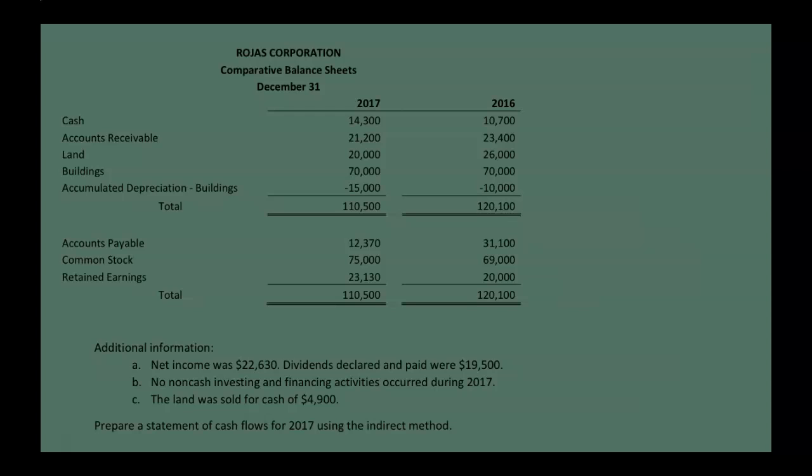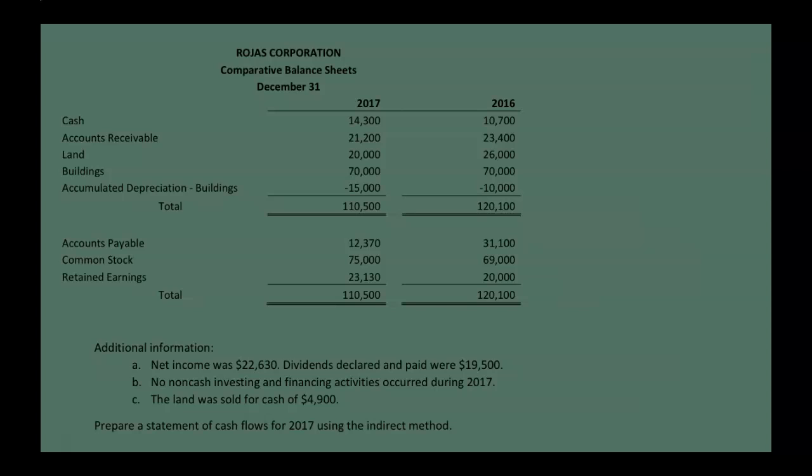Before we actually start on the statement itself, though, it's going to be best to go through and see how things changed. Right? So cash increased from 2016 to 2017. This entire statement is going to explain that increase. So that won't be an individual line item like some of these other pieces will be. So we're going to start by looking at our accounts receivable.